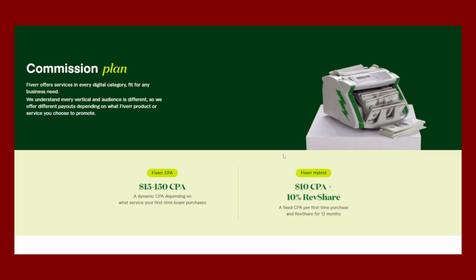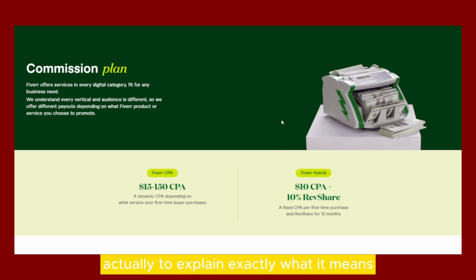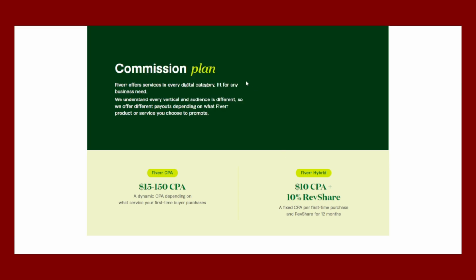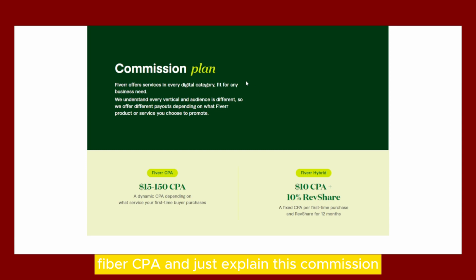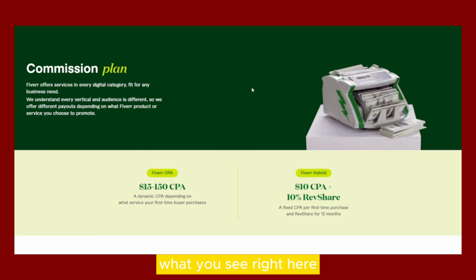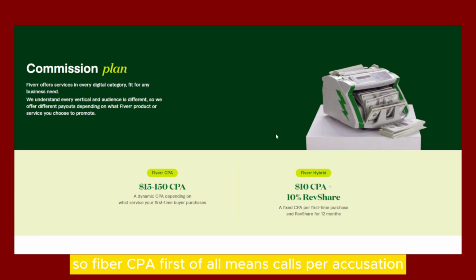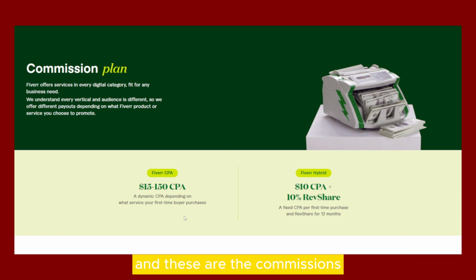Take care. Okay, so I decided to explain exactly what Fiverr CPA means, and explain this commission that you see right here. Fiverr CPA, first of all, means cost per acquisition, and these are the commissions.